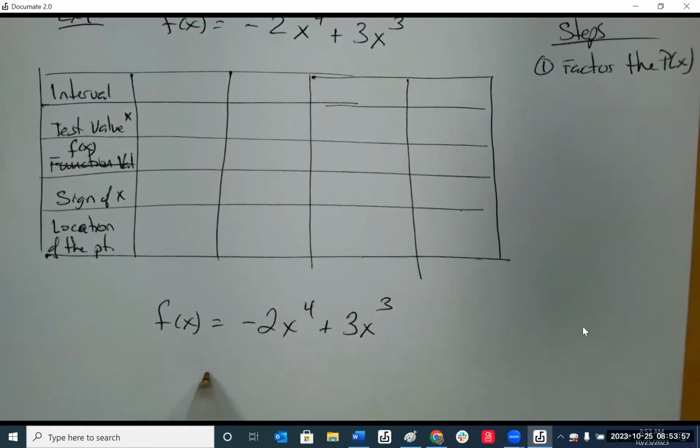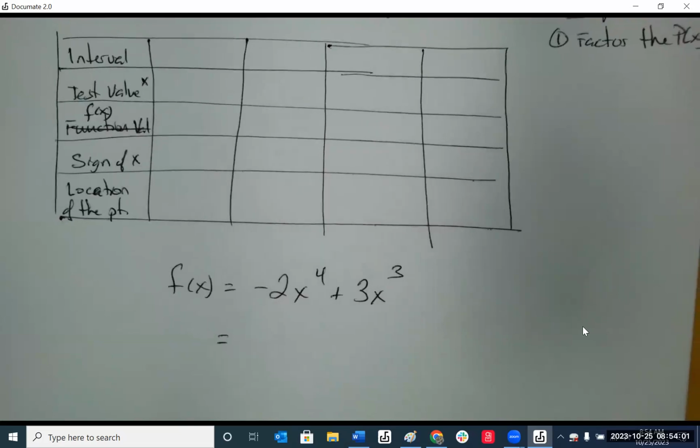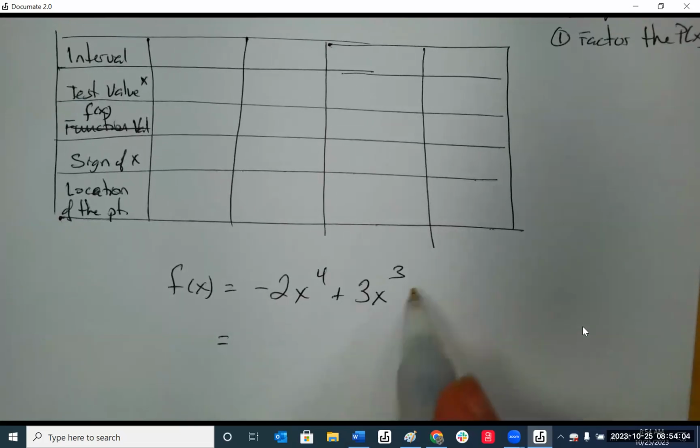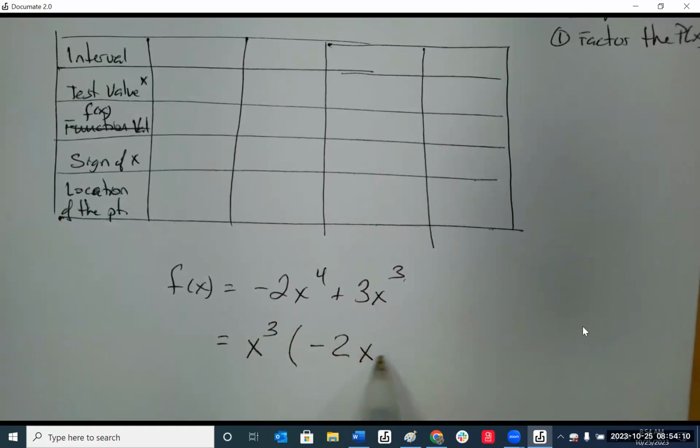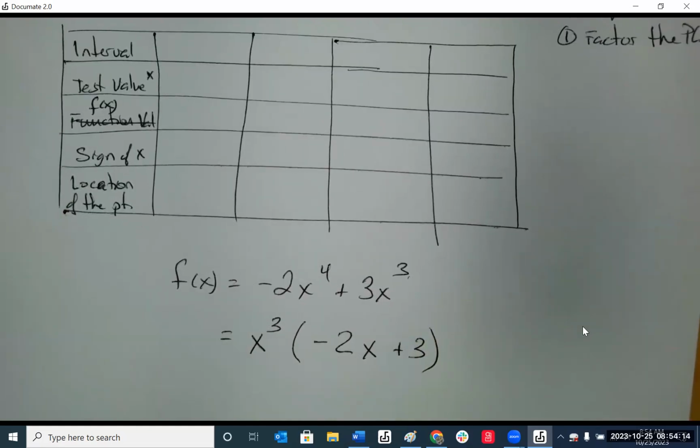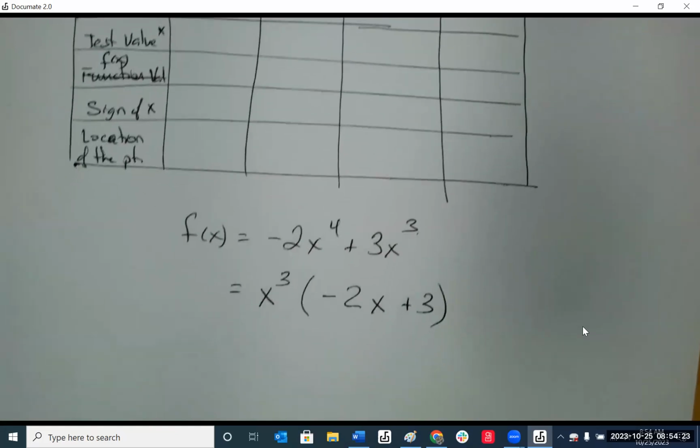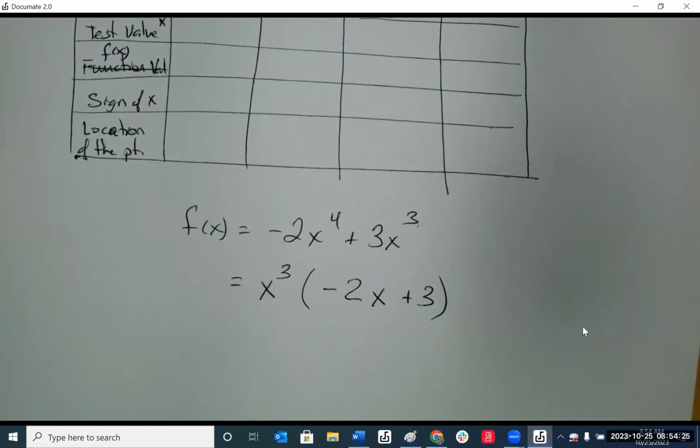In this case, what do they both have in common? They have three x's. So we can take out three x's. As far as we can go with that.